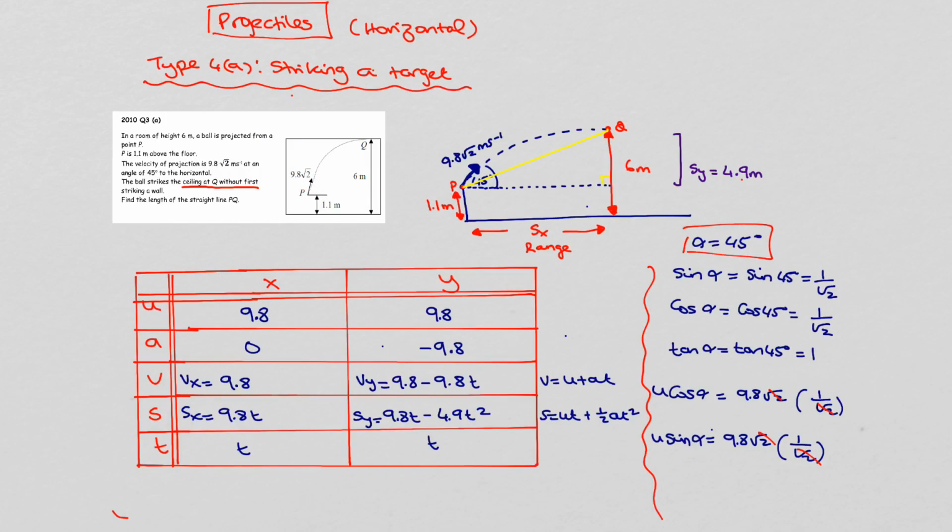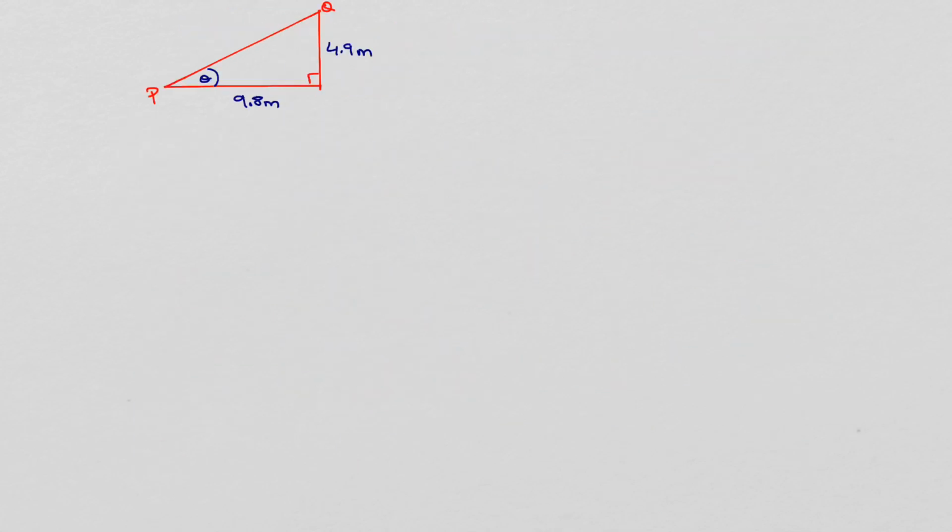And if I call this theta, it's not beta, because the angle of projection alpha, I should say, sorry, is 45 degrees. That is not the angle here in this triangle. We don't know what the angle is. But if I call that angle at P there theta, then 4.9 will be the opposite, 9.8 will be the adjacent, and PQ will be the hypotenuse.